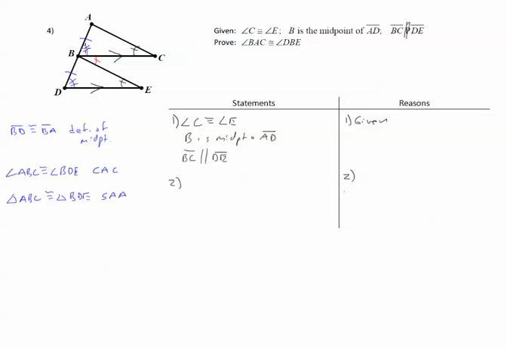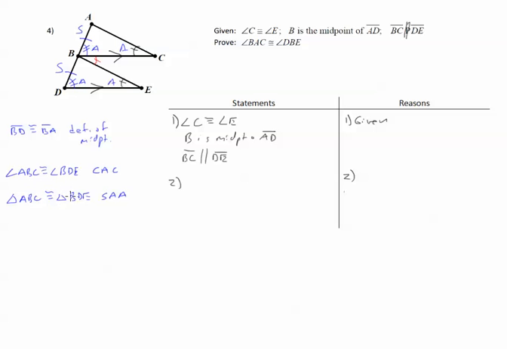We have a side, an angle, and an angle. That is a congruency shortcut. SAA is a congruency shortcut, side, angle, angle. I can then state that these two triangles are congruent.